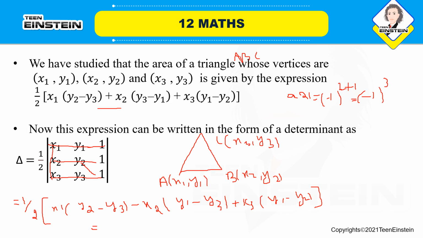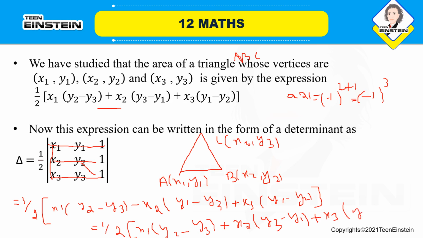We get half into x1 into y2 minus y3, plus x2 into y3 minus y1, plus x3 into y1 minus y2.